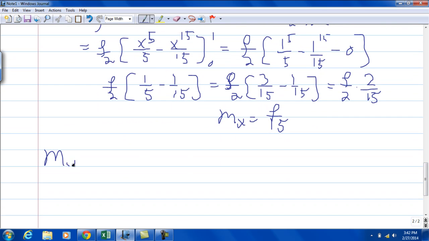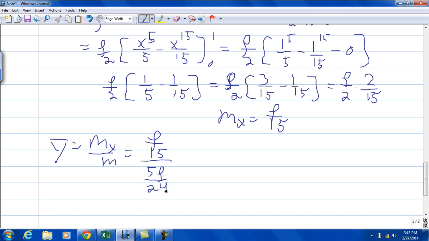Then we get the my. I guess we can get the y bar before I go there. But y bar is going to be mx over m, which is going to be rho over 15 over 5 times rho over 24. Wait, that is rho over 15 over 5 rho over 24.